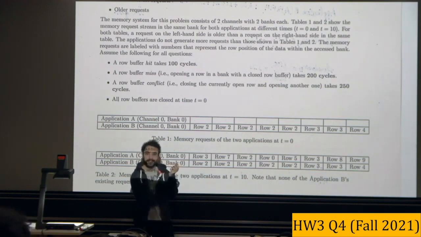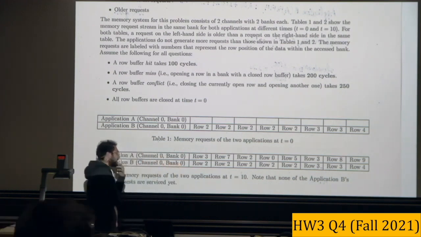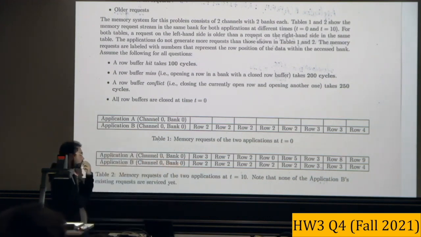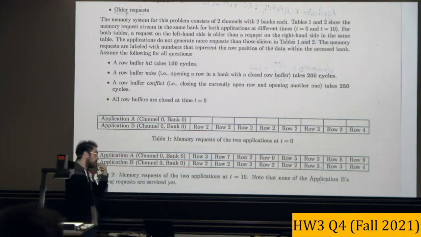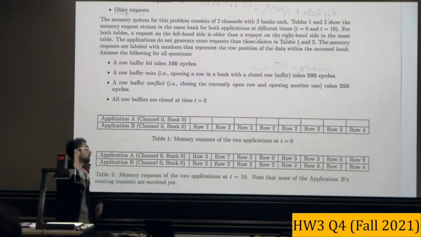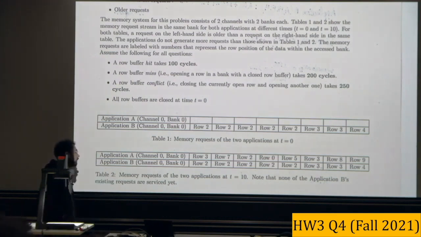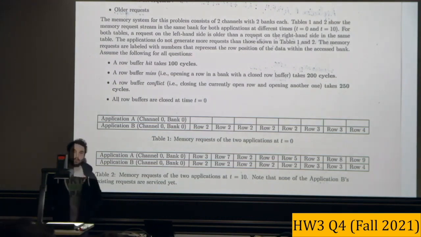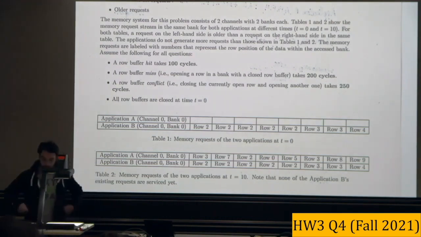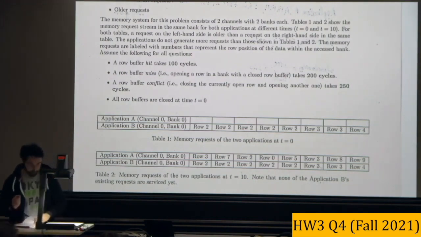It's correct, right? That's true. I think I agree with you. Yes, because we can service row 2, so it's essentially the same thing. Yes, I think the slowdown will be the same. You're right. Good catch.